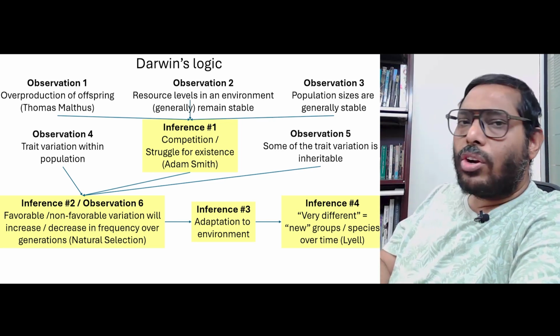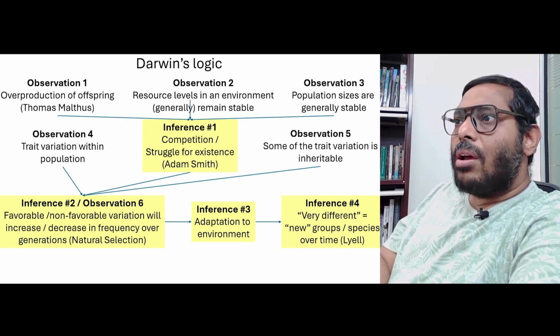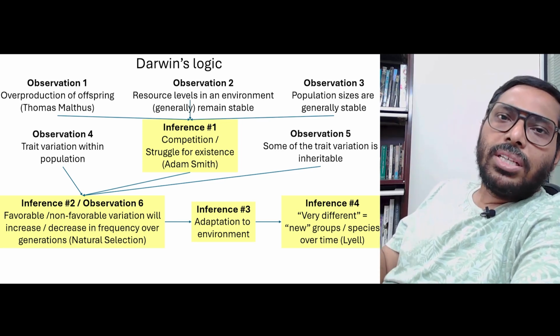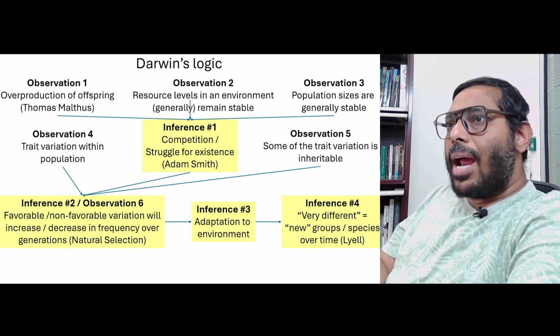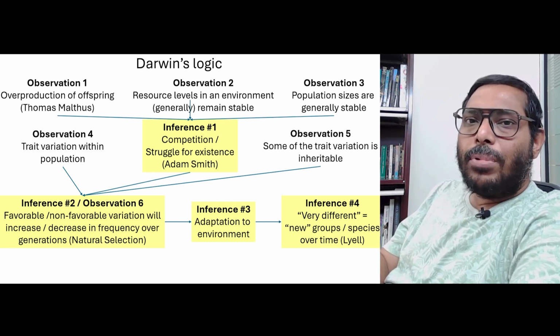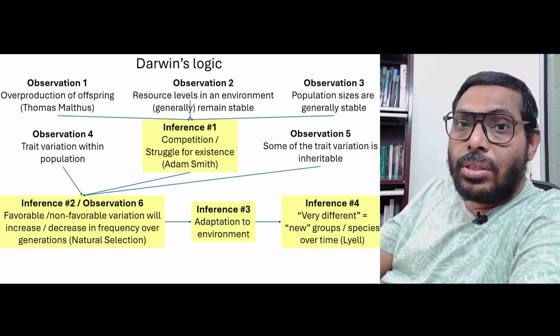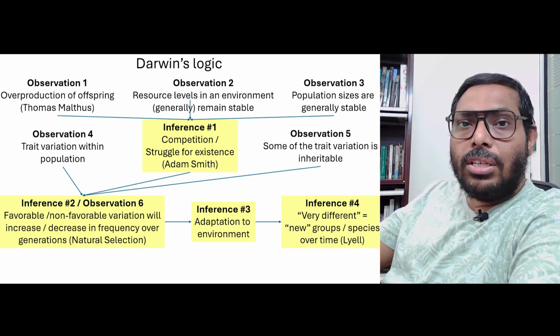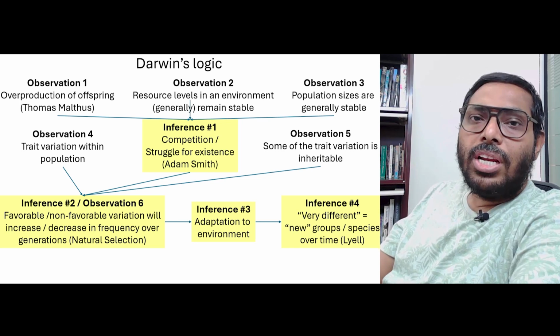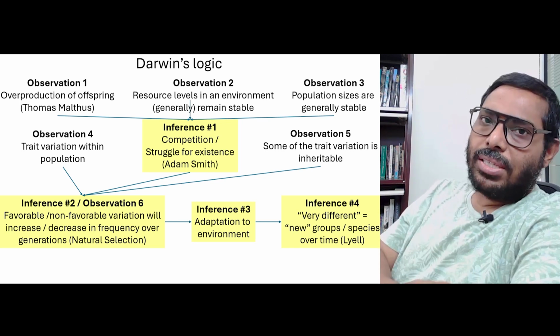So, for example, if we are talking about leg length in deer, at some point after many generations, we are going to find deers whose legs are so long that we will say that for all practical purposes these are new groups, these are new species, and therefore, this process continued over a long time is what will lead to the origin of new species.